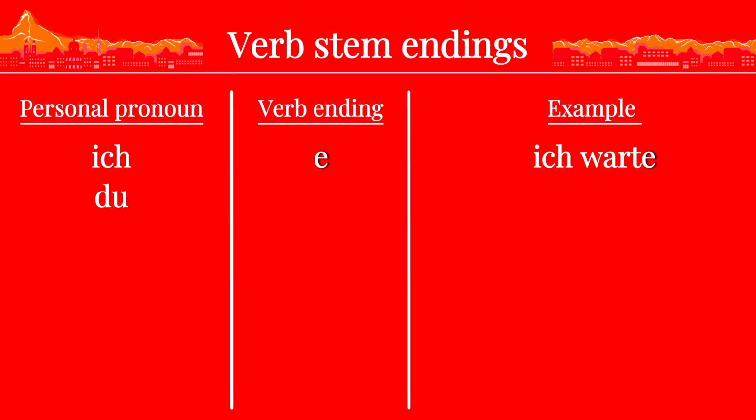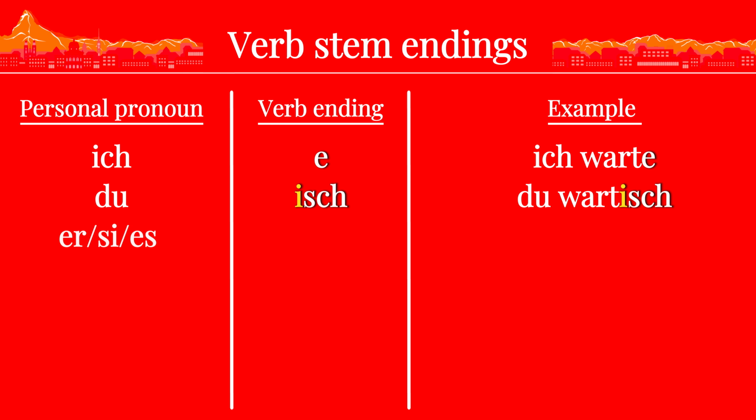If we directly add the normal ending sch, the pronunciation is a bit more challenging. Du wartst. In this situation, we therefore add an additional e between the verb stem and the verb ending. Now we can pronounce the verb more comfortably. Du wartest.